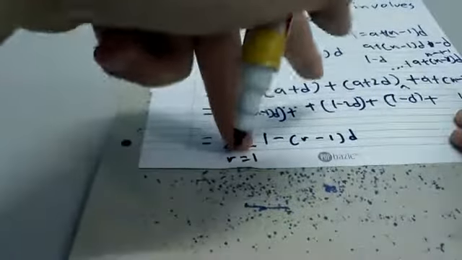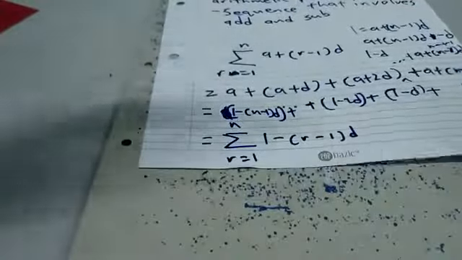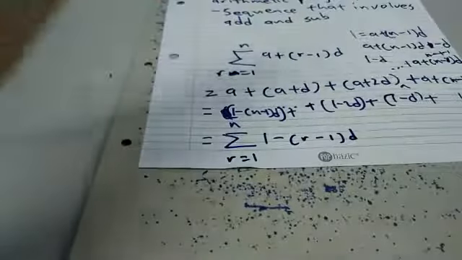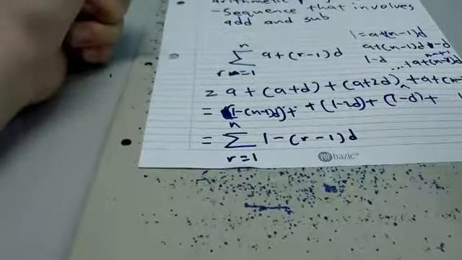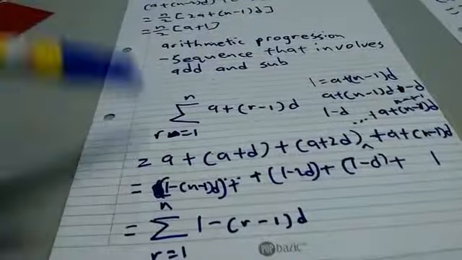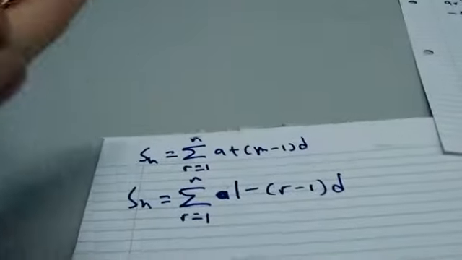So this is the second equation simplified in sum notation, aka sigma, and we are going to add them together. So let's summarize these two.